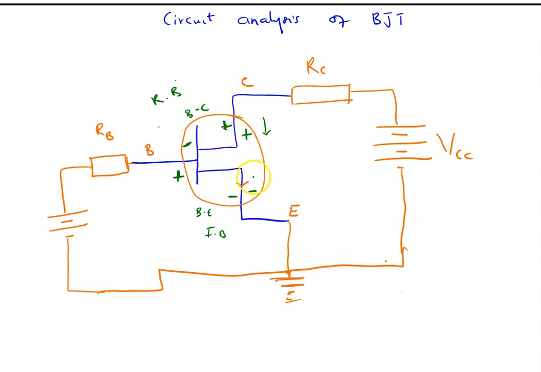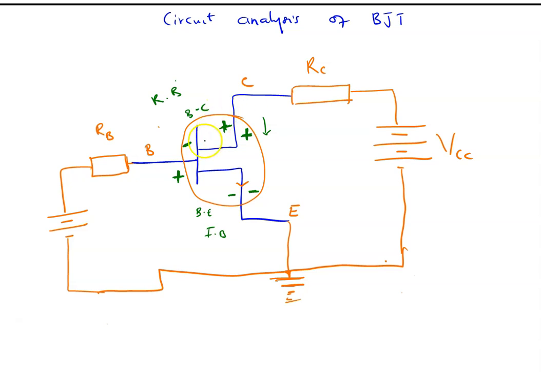Between the collector and the emitter, positive is at the collector side and negative is at the emitter side, right? Between the base and the emitter, we have positive at the base side and negative at the emitter side, right? And between the base and the collector, we have negative at the base side and positive at the collector side. So you should take note of it very well, and it's very, very important, right?